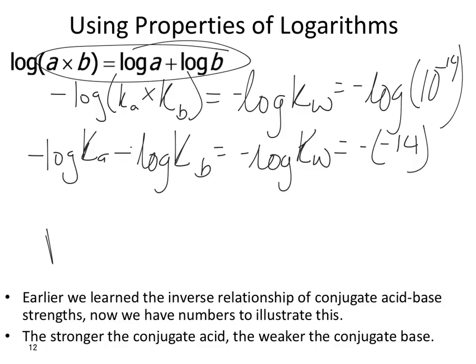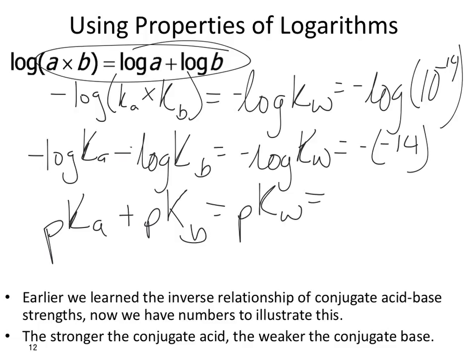So that means that pKa, because that's what the negative log of Ka is, plus pKb, because negative log of Kb is pKb, equals pKw, which will equal 14 at 25 degrees Celsius.